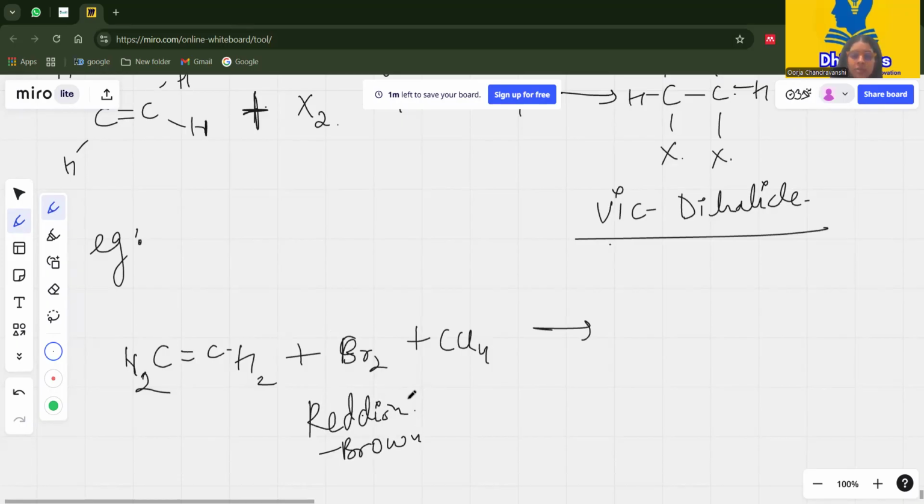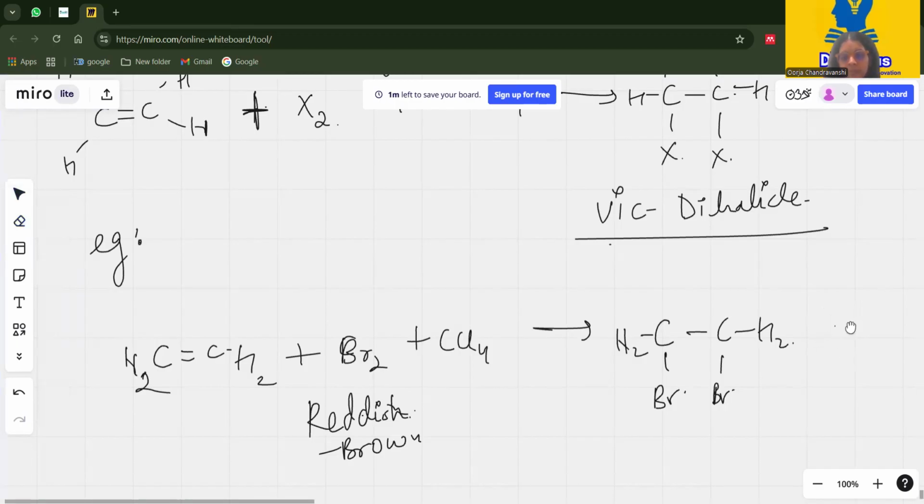Now this reddish brown actually loses its color and gives a product which is going to be colorless in nature. So this product that we get here is colorless. This is used as a test for unsaturation, for both double bond as well as triple bond. Okay. So this is what we get here.